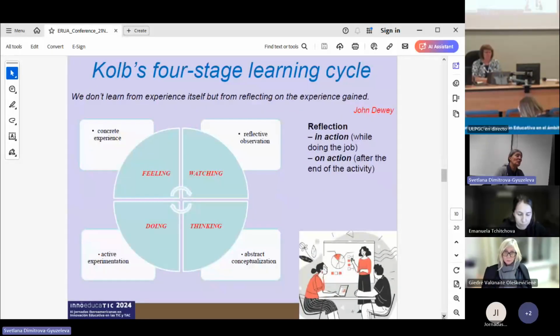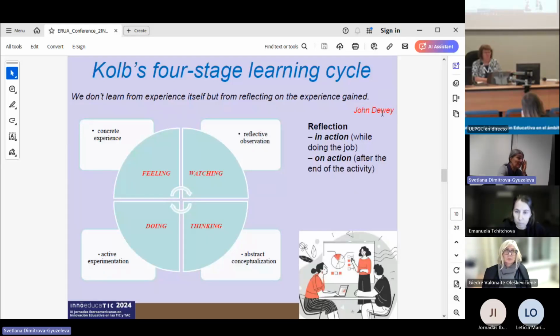Okay, so that was learner agency. Now, together with the ecological approach to learning, I also adopted Cope's four-stage model to the learning progress, which once again lays emphasis on reflection, both reflection in action while we do the activities and reflection on action at the end of the activity.